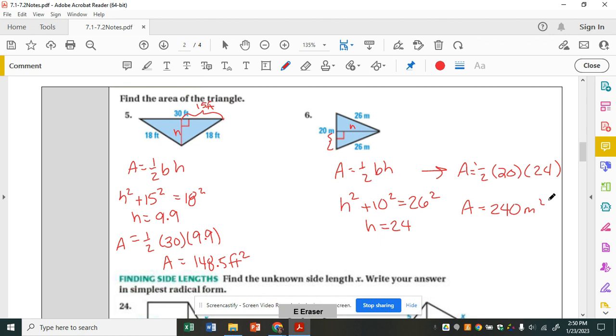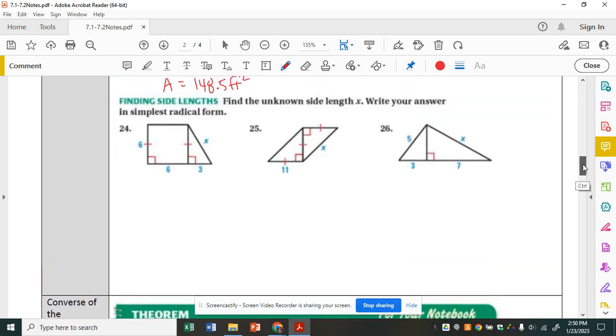Okay. We're going to also use what we know to help us find more missing side lengths on these examples here. Okay, with this on number 24, I have these little tick marks here telling me that this side length is 6, which means that this side length is also 6.